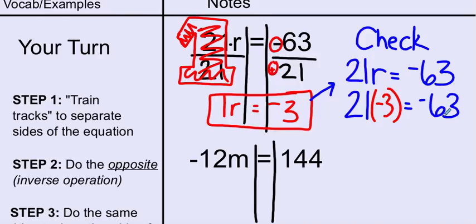Then I'm going to multiply. I know that a positive 21 and a negative 3 is going to equal negative, and when I figure that out, I get 63. And did I want negative 63? Yes, I did. So that checks out, and I know I got the right answer. So again, my answer would be 1r equals negative 3.